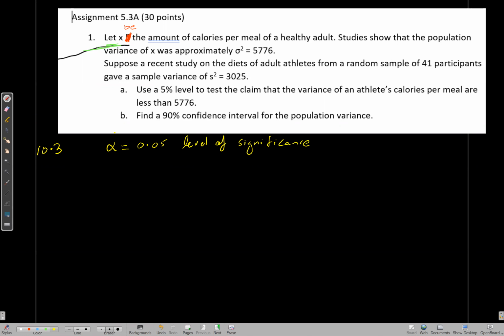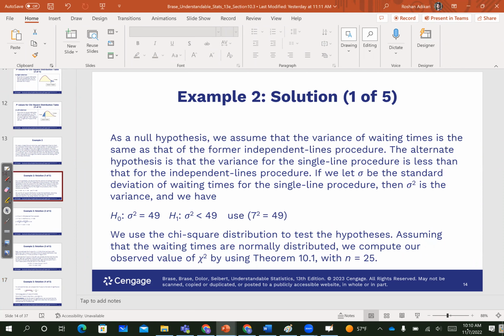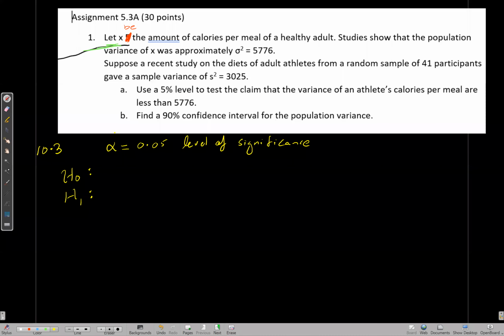And then you have to set up your H0 and H1, null hypothesis and alternate hypothesis. So compare it with this example, see here how they are setting it up. You have to do it for your example. It can be in words, it can be in equation.